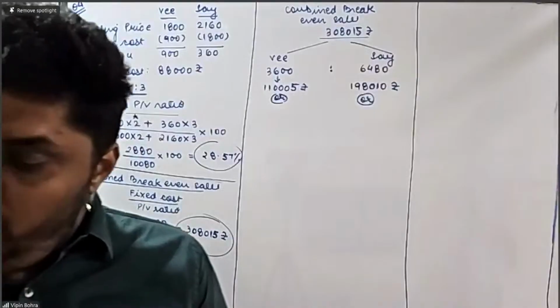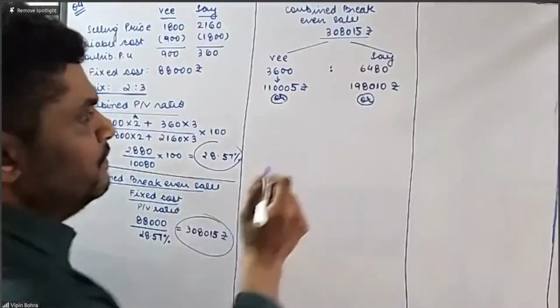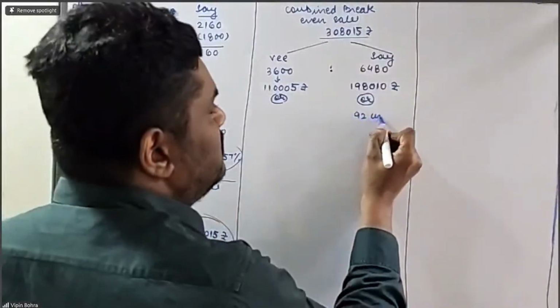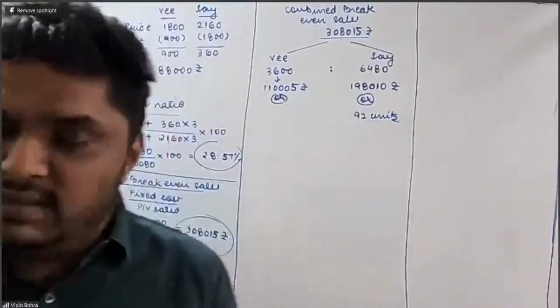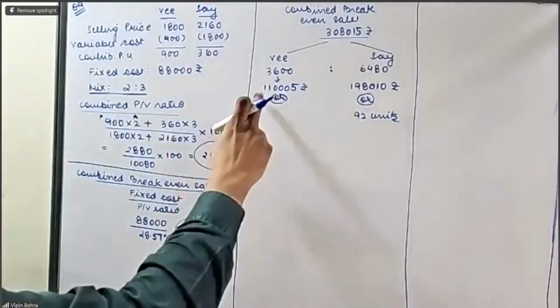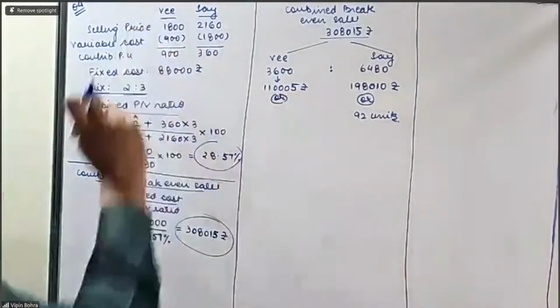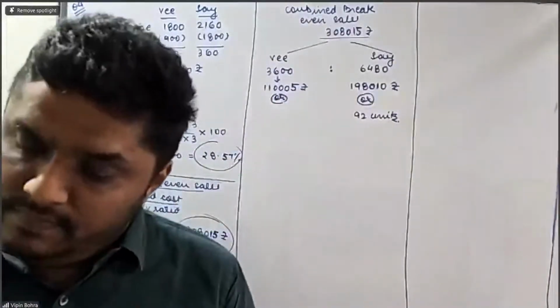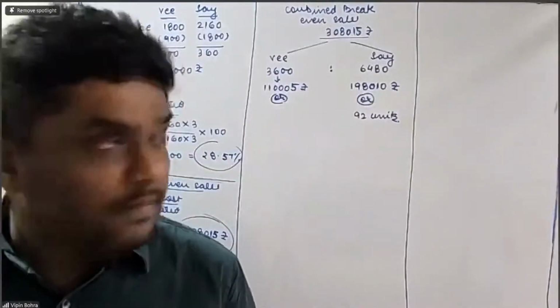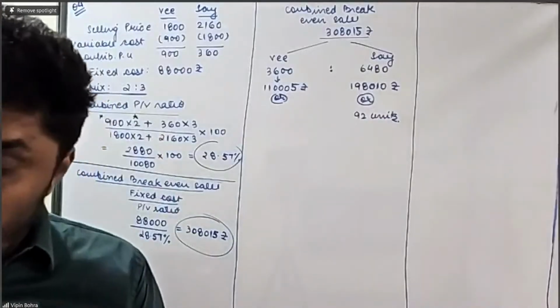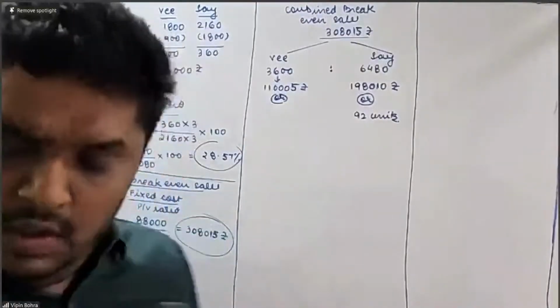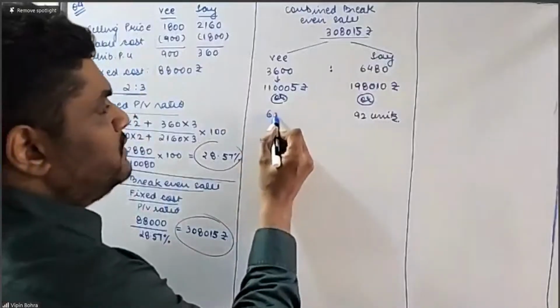So it is 91.67, which I have considered as 92 units. And 111005 divided by my selling price will be 62 units.